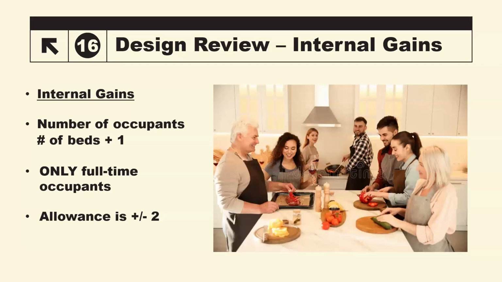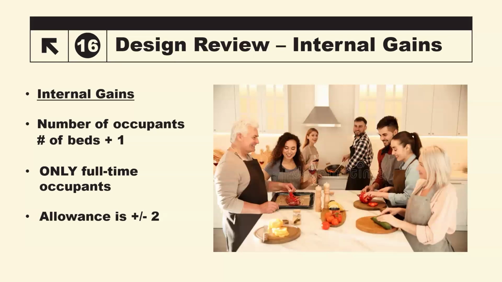But what can be included is generational occupants, such as if you've got a mother-in-law suite, or a secondary primary bedroom that could have two in it. So if you have a three-bedroom design, it's okay to see as low as one or as high as five for the number of occupants when it's being designed.